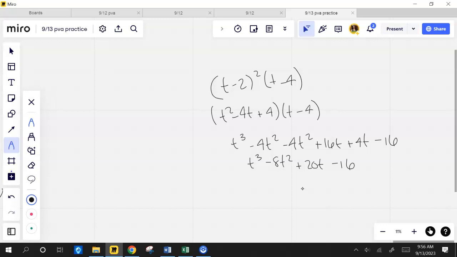Instantaneous velocity at time t. So I'm going to do the derivative. So 3t squared minus 16t plus 20. They just factored it.